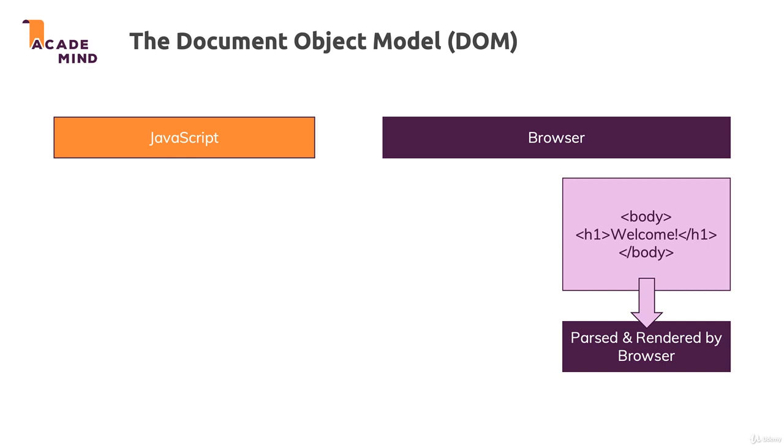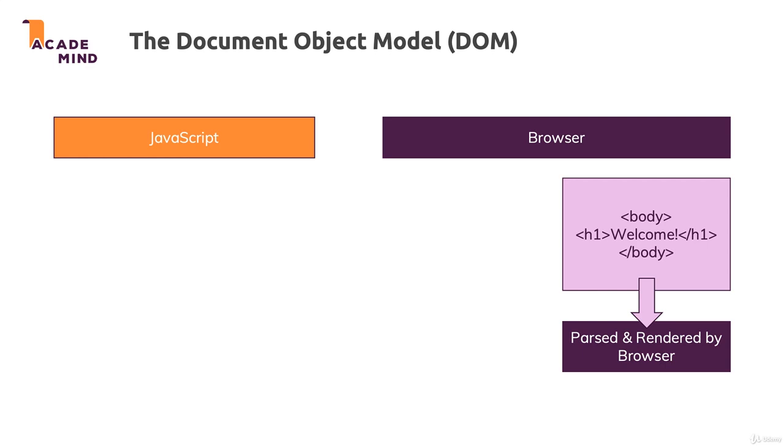Because the browser simply reads that HTML file from top to bottom, and when it encounters a script, it executes it. When it encounters other HTML elements, it simply parses and renders those. And in the end, it then renders the pixels on the screen, which you need to see a button, to see a title, and so on. So that's what's happening here.